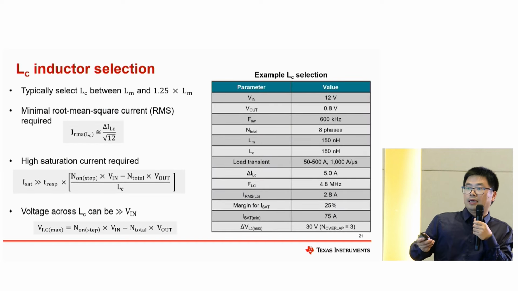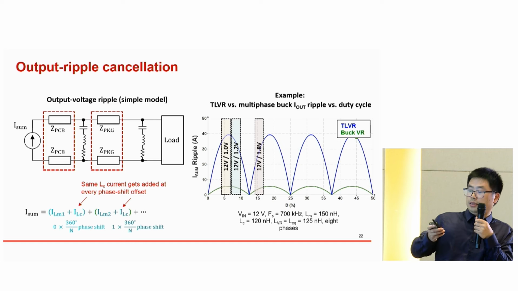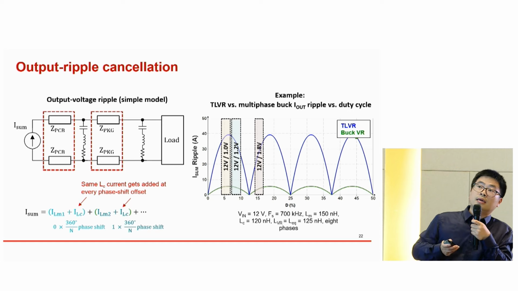Another thing we care about with the TLVR is the output voltage ripple. On the left side, this is a model of the ripple.